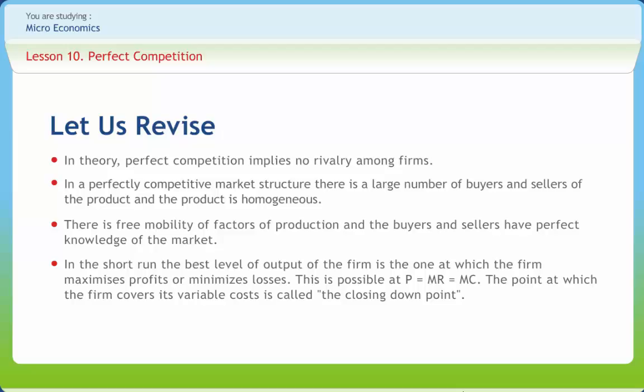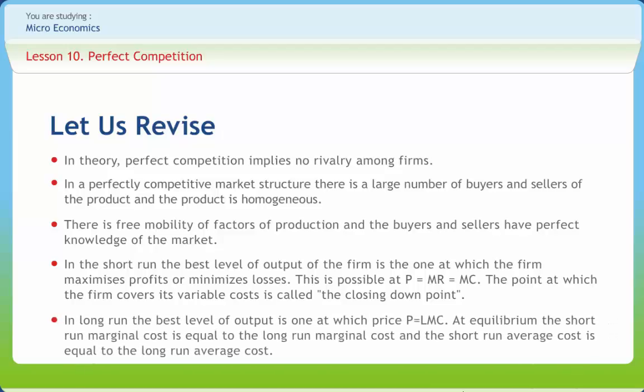This is possible at P equals MR equals MC. The point at which the firm covers its variable cost is called the closing down point. In the long run, the best level of output is one at which price P equals LMC. At equilibrium, the short run marginal cost is equal to the long run marginal cost, and the short run average cost is equal to the long run average cost.